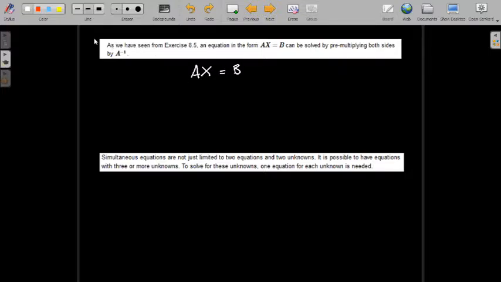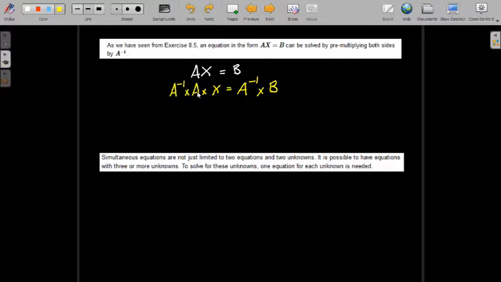From past chapters, we would find the matrix inverse of A. We'll multiply it on the left because A is on the left of X. And what we do to one side, we've got to do exactly the same on the other. So again, multiplying on the left.